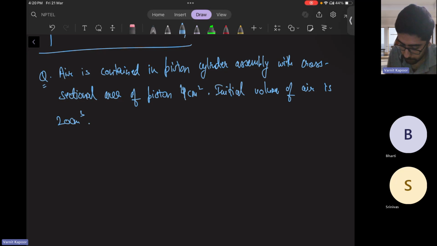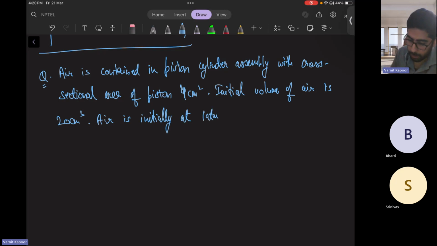Air is initially at 1 atmosphere pressure and 20 degrees Celsius.